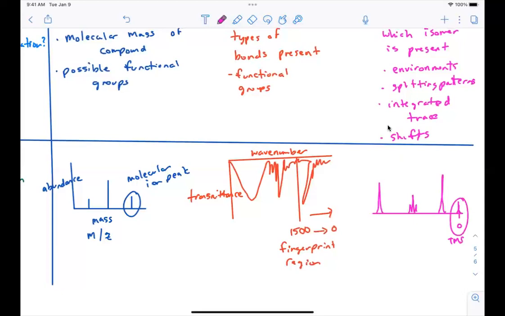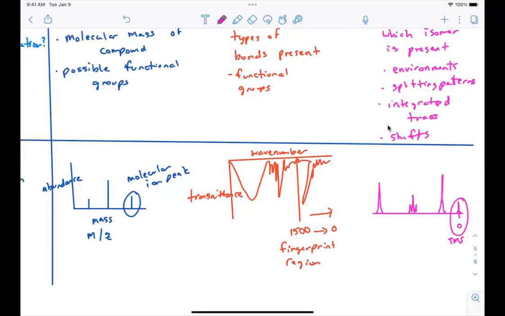So Jada, how many environments are in this diagram? Three. Exactly. And the splitting patterns, the one on the left and the one on the right have what kind of splitting pattern? Singlet. And the middle one has, that's how many peaks are in there. So it's a triplet. Good teamwork. So a singlet versus a triplet.